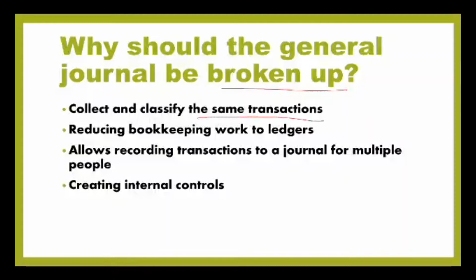You can see here, if you have so many transactions about cash and sales, you don't have to make a general journal, because when you make a general journal, you have to put the cash, the sales, and then the account numbers, maybe the cash 1001 and then the sales 201 maybe, and then you have to do it many times.